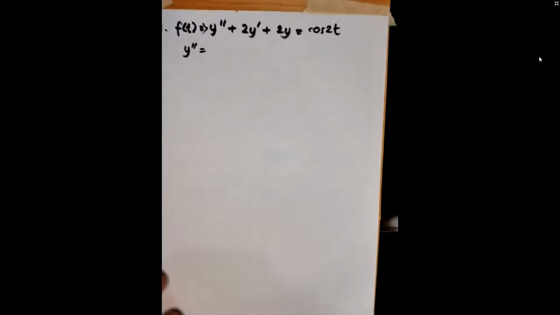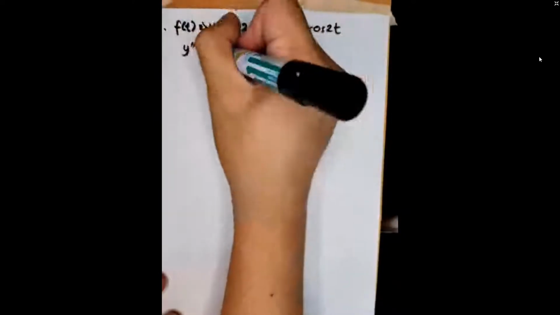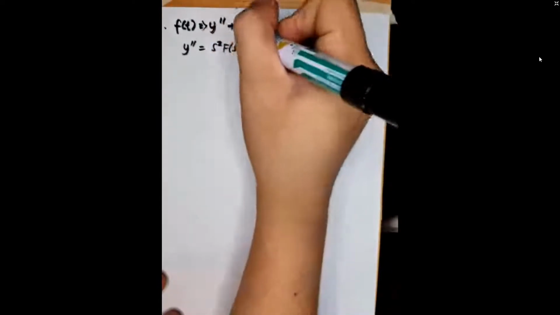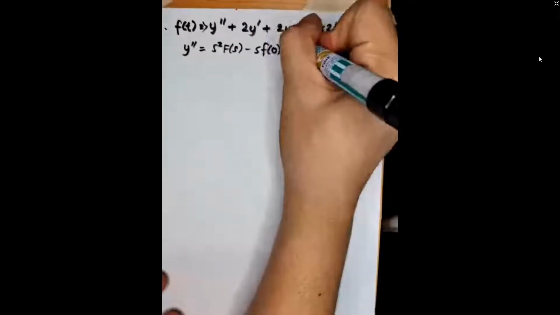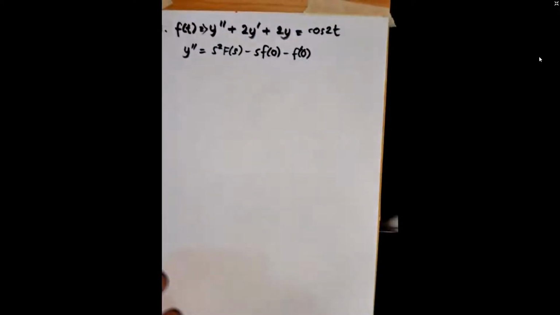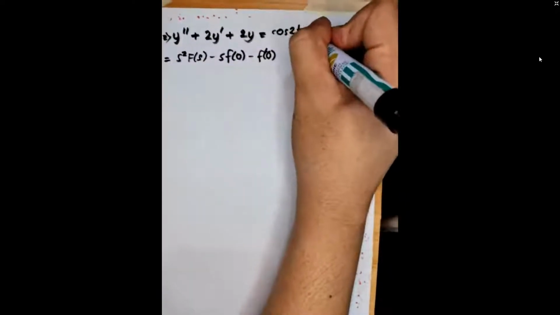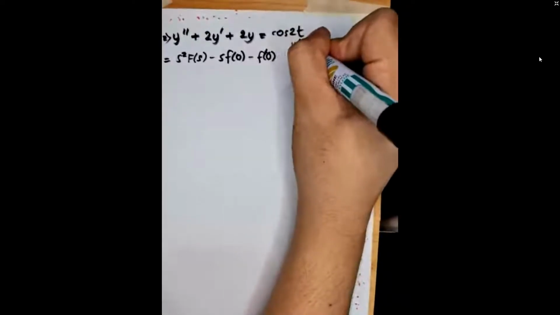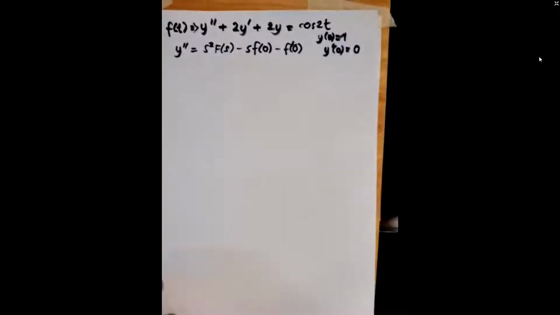So, yung y double prime, so that's equal to s squared f of s minus s f of 0 minus f prime of 0. Ay, sandali. Wait. I forgot to copy the given. That y of 0 is equal to 1. And then yung y prime 0 is equal to 0. Ayan. So that's the formula.